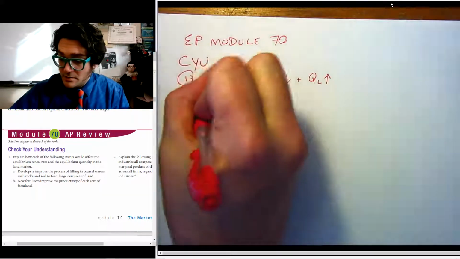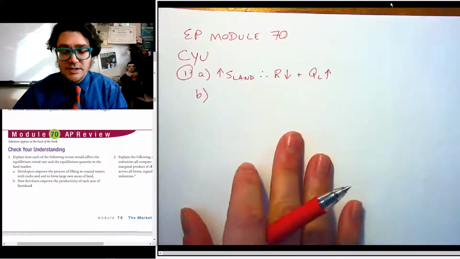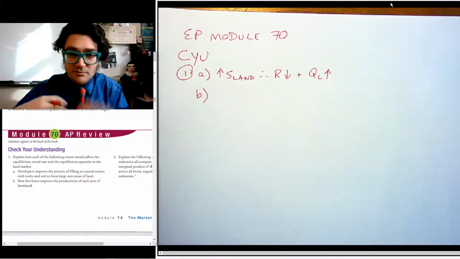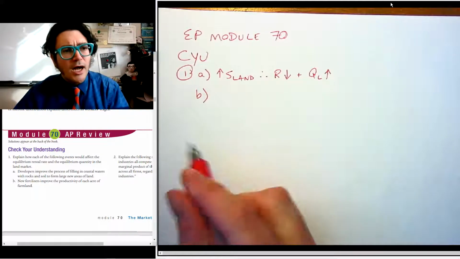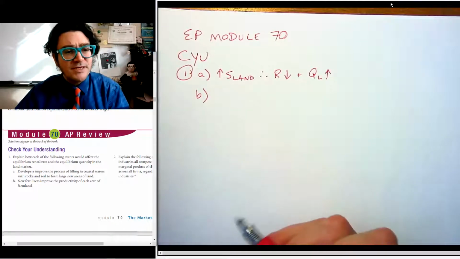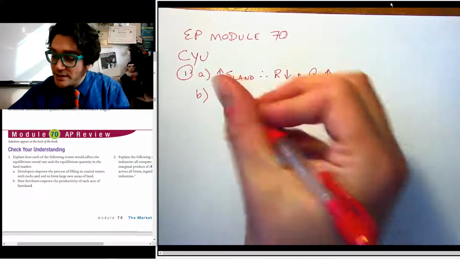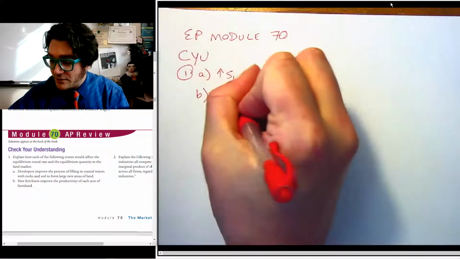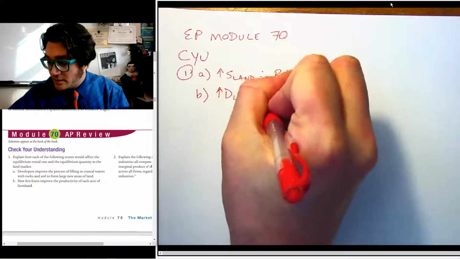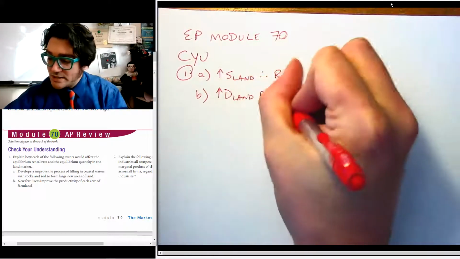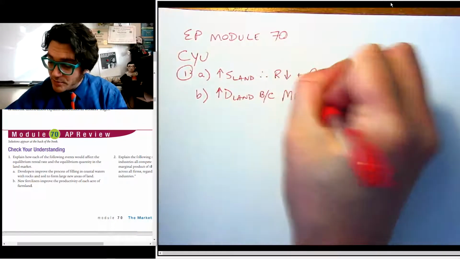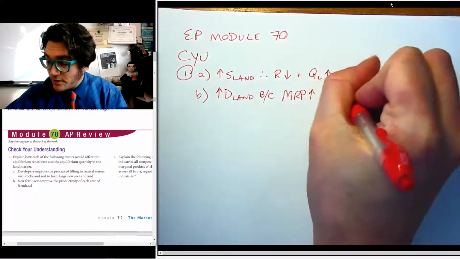Part B, we could graph that at this point in the class. Hopefully, if the supply goes up, the price goes down, and the quantity goes up. New fertilizers improve the productivity of each acre of farmland. For this one, it's going to increase the demand for land because the MRP goes up. The root of that is the marginal product went up.